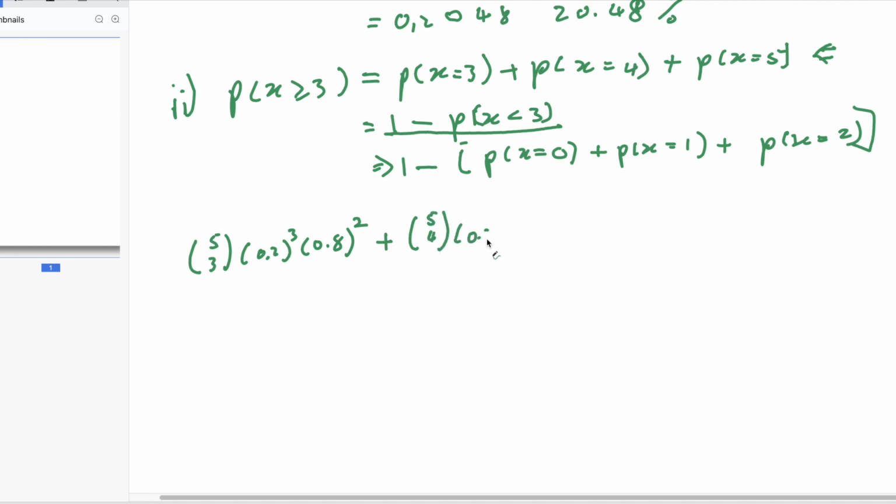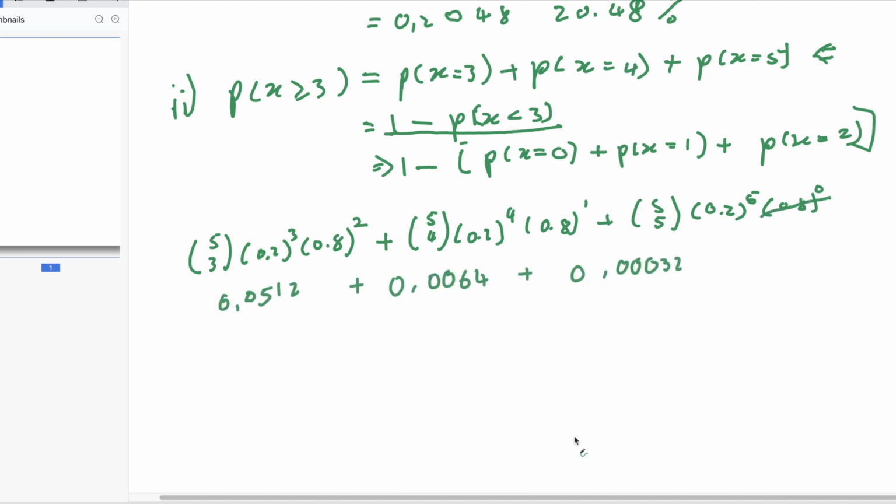This is 0.2 to the power of 4, and this is 0.8 to the power of 1, and this is plus 5 combination 5, which is 0.2 to the power of 5, and then 0.8 to the power of 0, sorry. So that will just become 1.